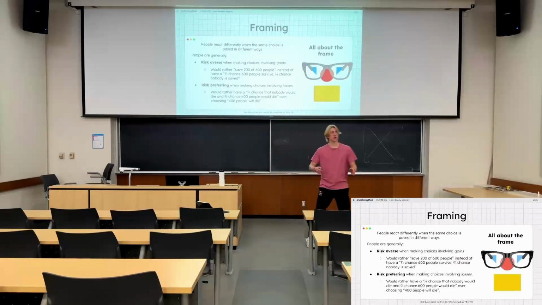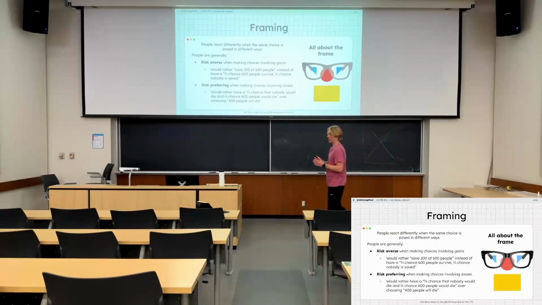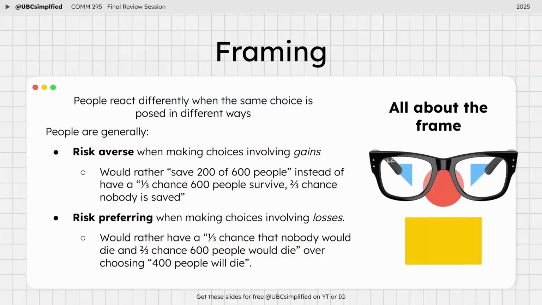Speaking of losses, framing matters in how you state losses and gains. People are normally risk averse when making choices involving gains, but risk preferring when making choices involving avoiding losses.